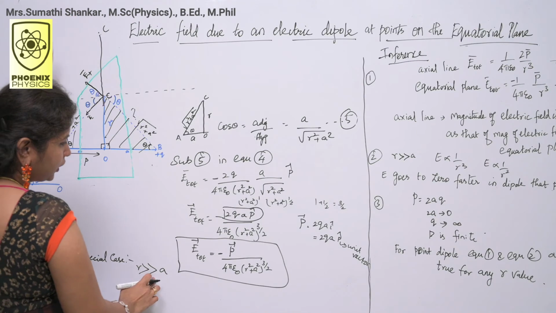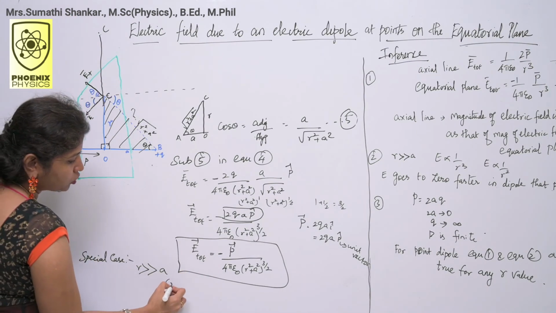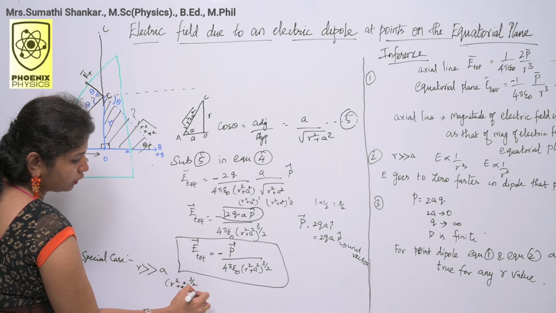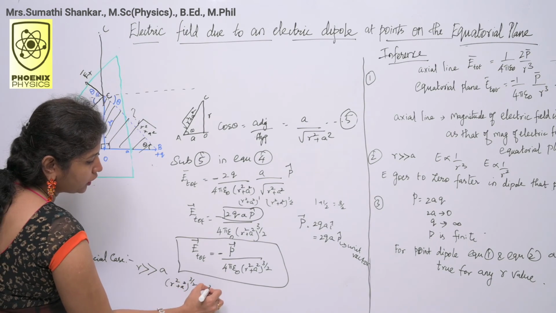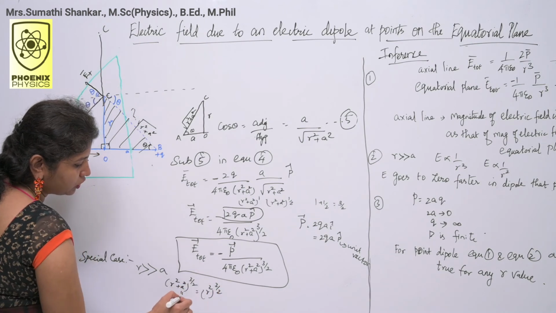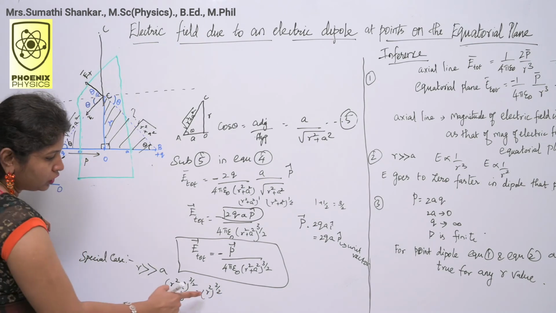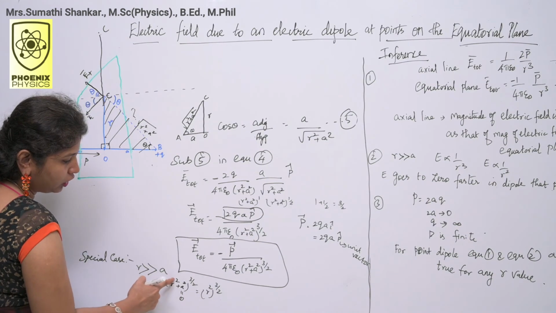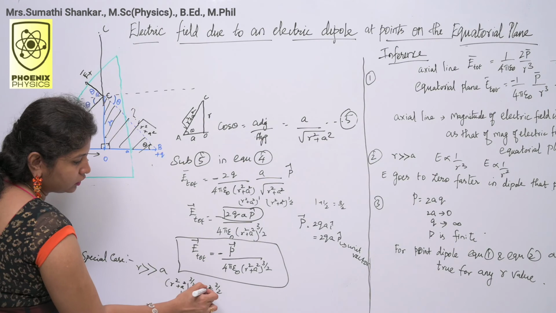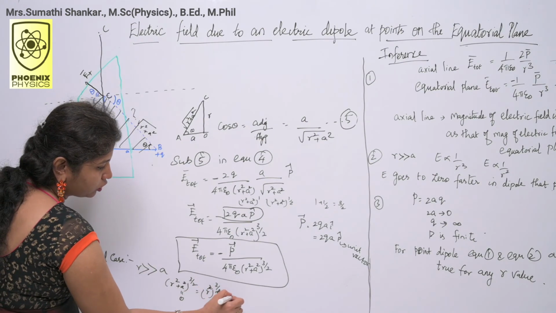So under this condition, (R square plus A square) the whole power 3 by 2 can be written as R square alone, with the power 3 by 2, since A tends to 0. So here I have R square, then bracket 3 by 2. Cancel this 2, your answer is R cube.